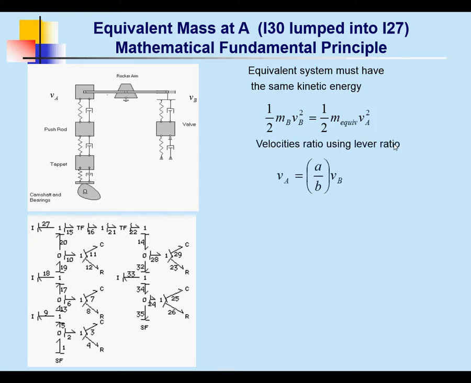So the ratio using the lever ratio, the velocity of A, is A over B times the velocity of B. And if the mass B is placed at A, what's the equivalent mass? The equivalent mass would be B over A, squared, times MB. That would be the equivalent mass.